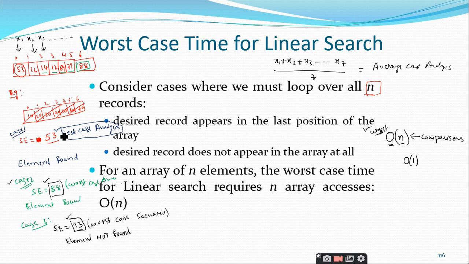How many comparisons are you going to do? 88 compared with 53, 88 compared with 26, 14, 12, like that. 1, 2, 3, 4, 5, 6, and the last element, the 7th element, where after comparison only you are going to say whether it is found or not. Therefore, the total number of comparisons is 7. So big O of 7, n is equal to 7. We have a total of 7 elements and 7 comparisons. So this is the worst case scenario.